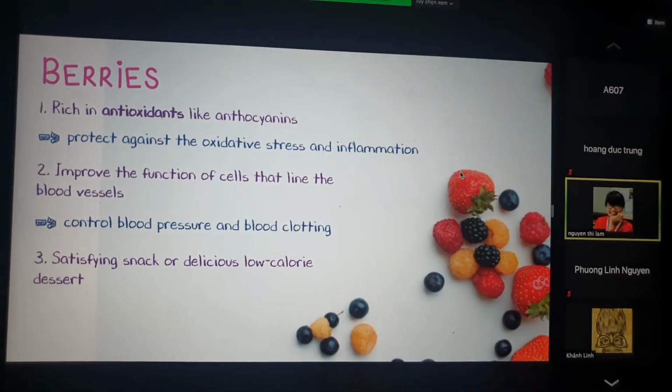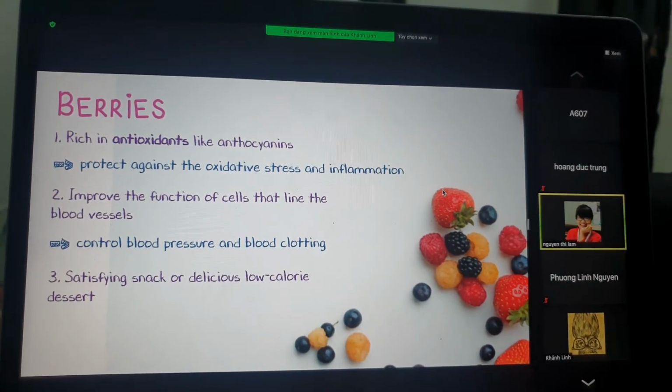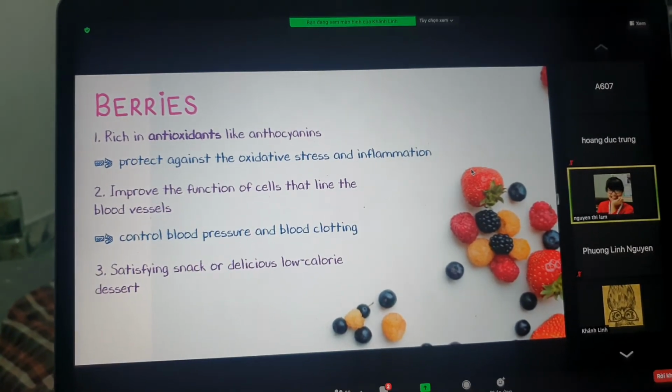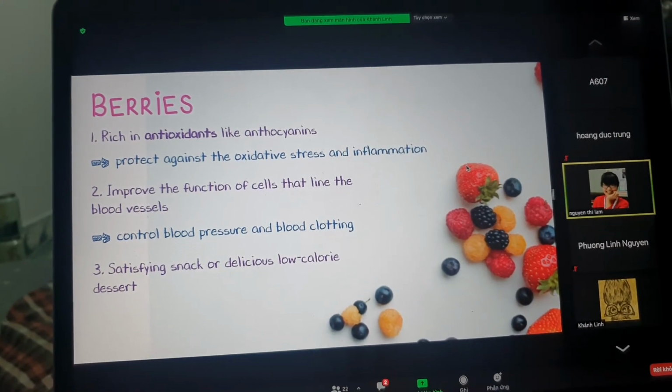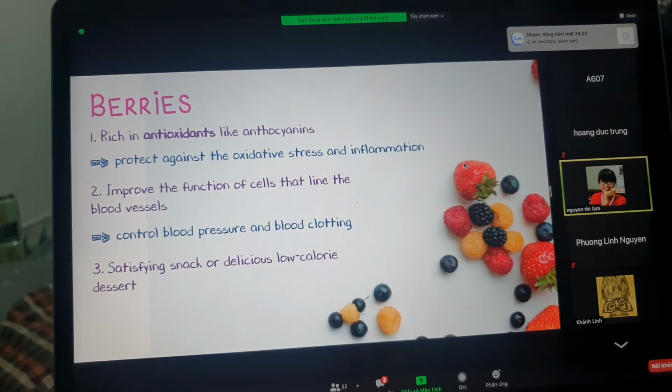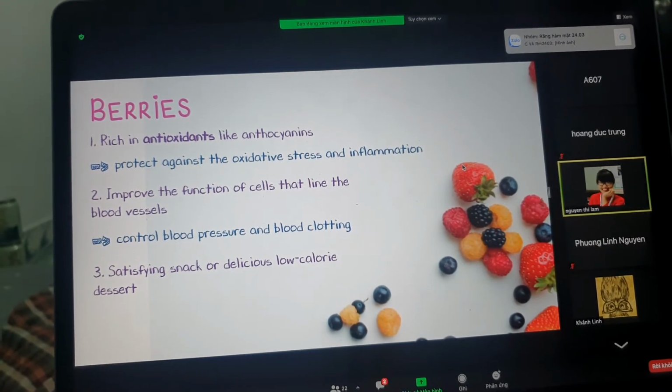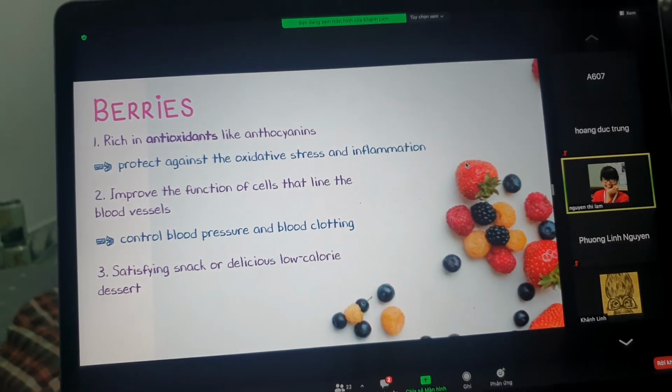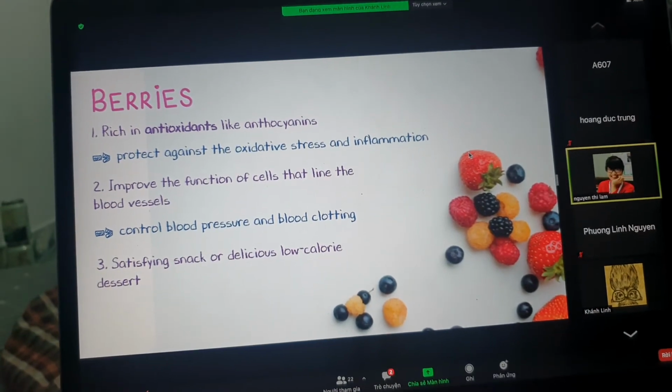Another study found that eating blueberries daily improved the function of cells that line the blood vessels, which help control blood pressure and blood clotting.